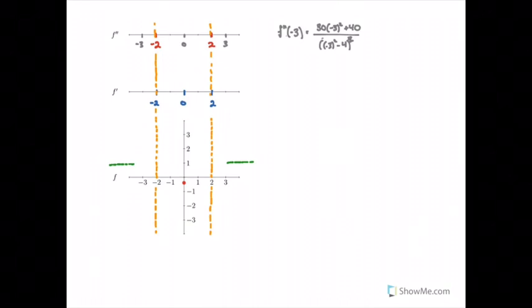What I care about is the sign here. It's clear from the top I have a positive 9 times 30 plus 40. That's going to give me a positive on the top. And on the bottom I have 9 minus 4, a positive number. When I cube it, that's a positive number. So this is going to be positive here.